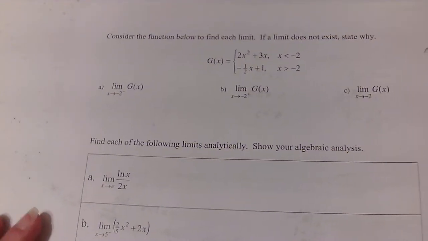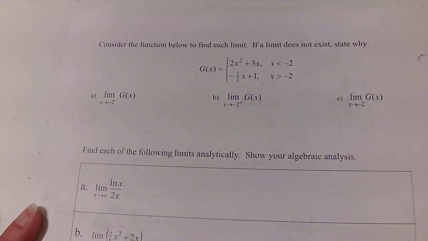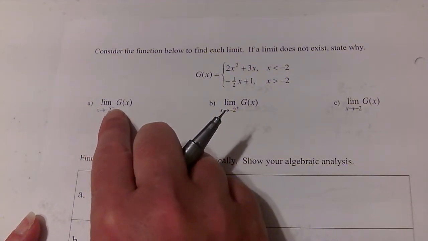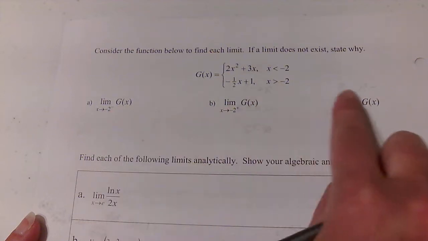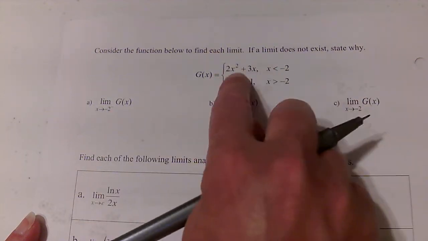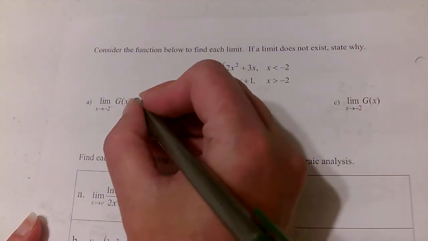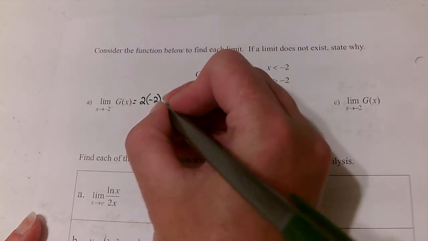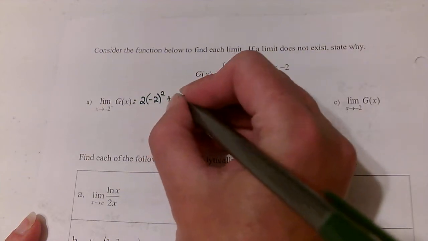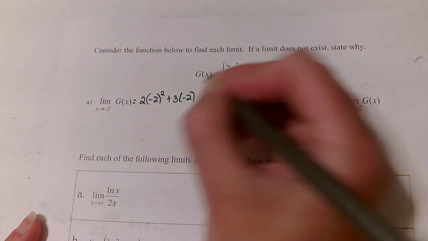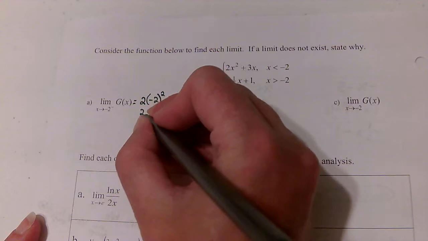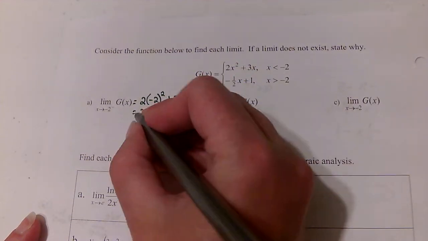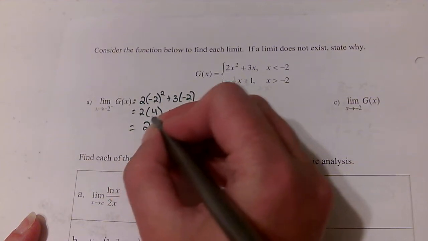What if we didn't have a graph? Ooh, okay. So as x approaches -2 from the left, that would mean we use this piece of the piecewise. 2 times -2 squared plus 3 times -2. It's 2 times 4 minus 6 gives me a 2.